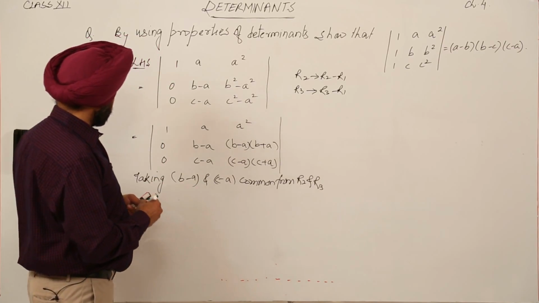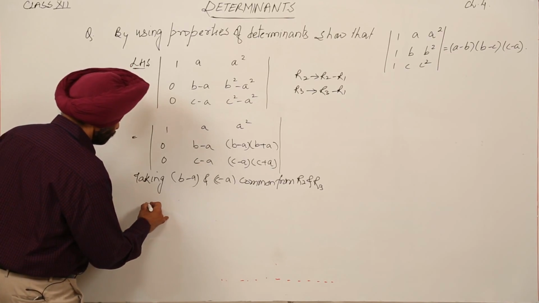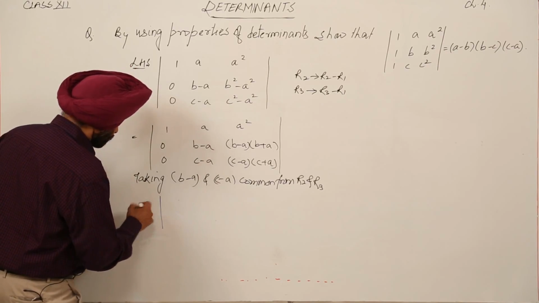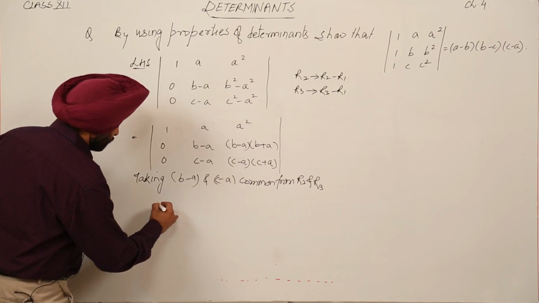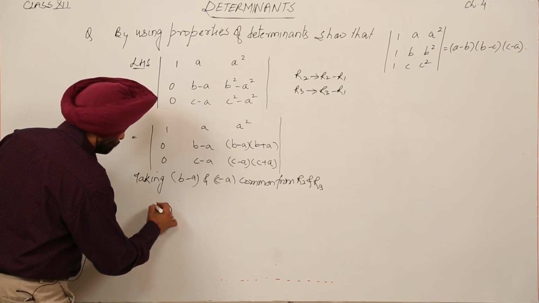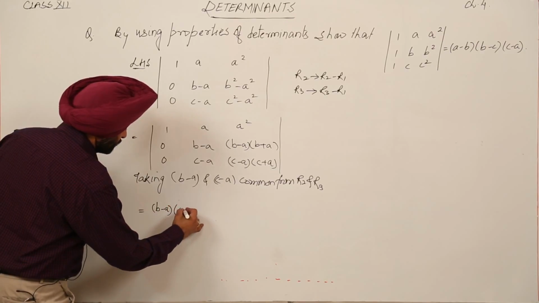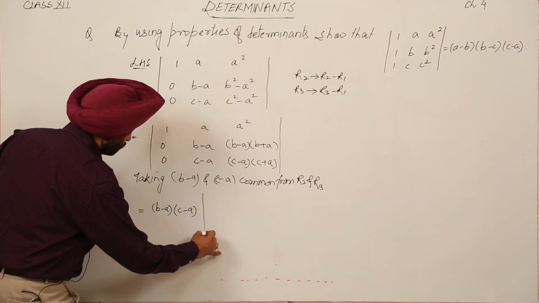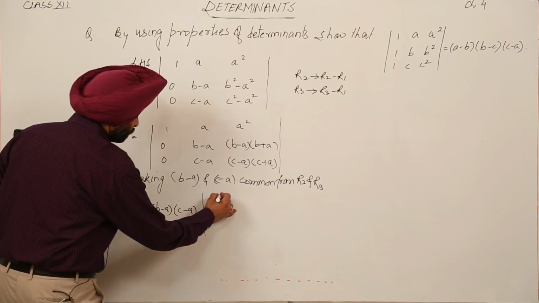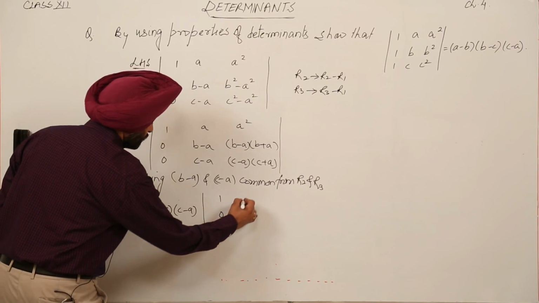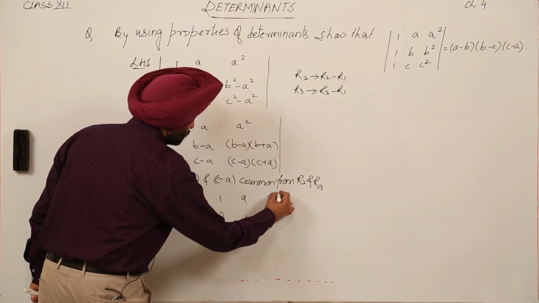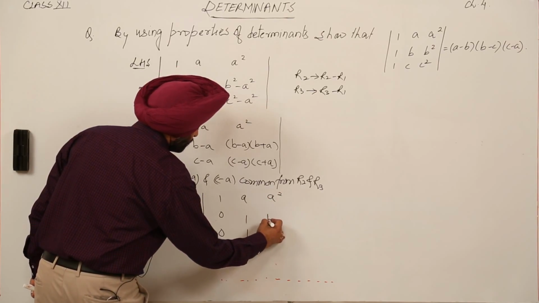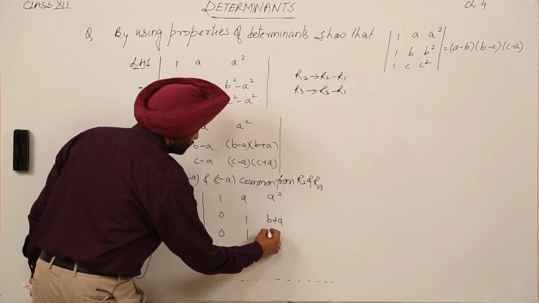Now what are we getting? For this part we got b minus a, then c minus a. Now what is left? It is 1 0 0, a 1 1 and a square, b plus a and c plus a.